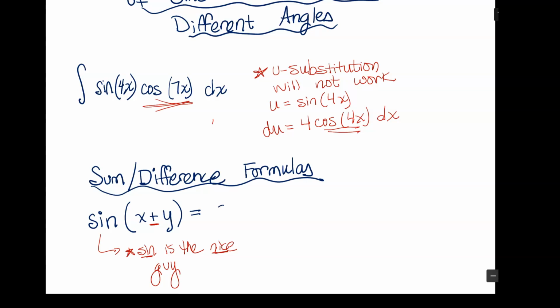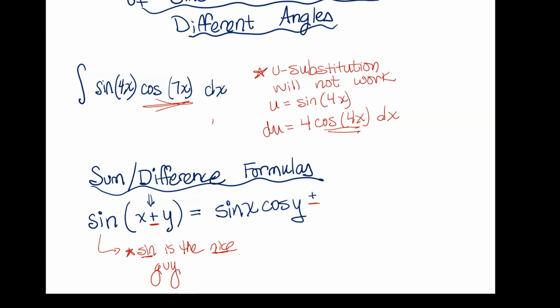So sine is going to take on one of the angles, and he's going to share and let cosine take on the other value. The other nice thing about sine is that whatever operation you see there, you will have the same operation in between the two terms in this identity.